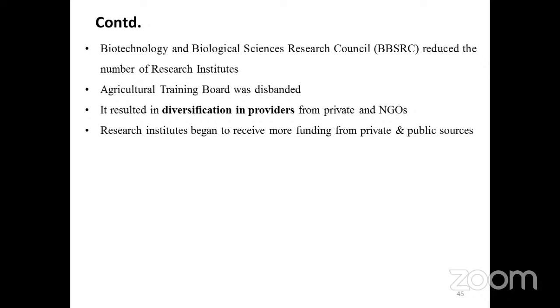The government support reduced, so it is mostly dependent on private players and NGOs. And the research institutes also get more funding from these organizations so that they can do field specific or demand driven research.